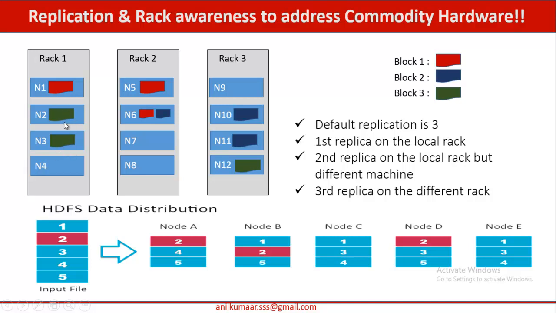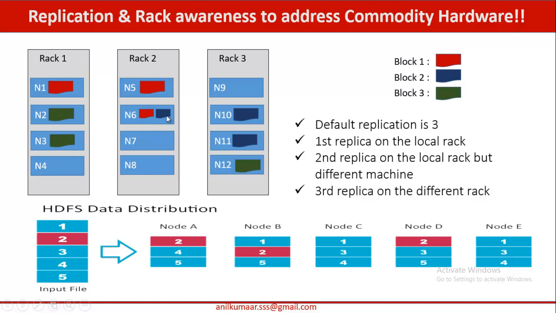So what this principle says is, at any given time on a single rack you can have a maximum of 2 replicants, but that too on different machines. So you cannot have these 2 replicants on the same machine. N2 cannot accommodate these 2 replicants as they belong to the same block, but you can accommodate different blocks. So this is possible.